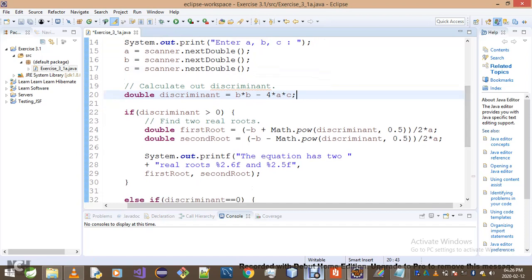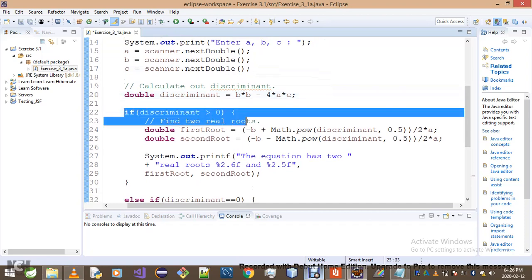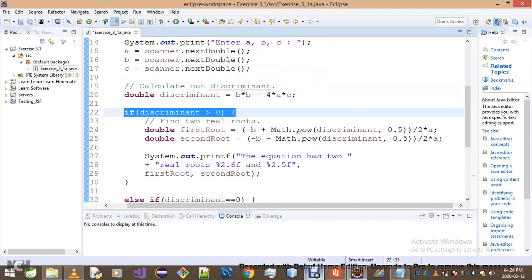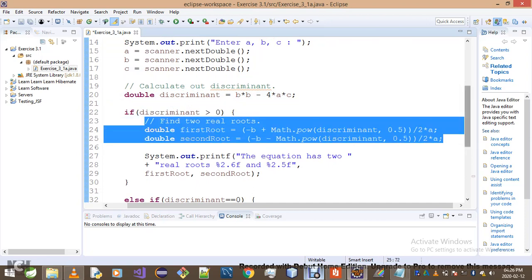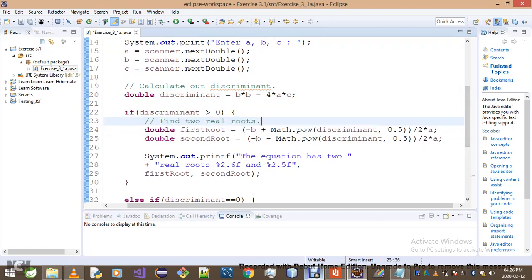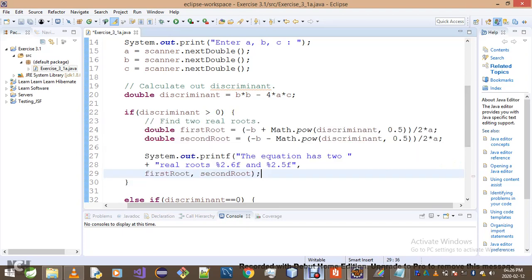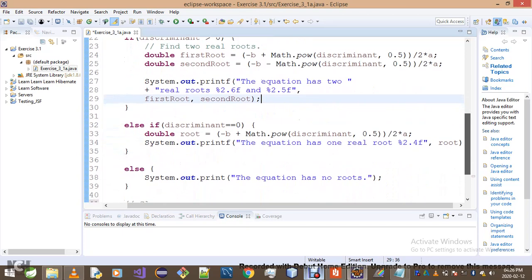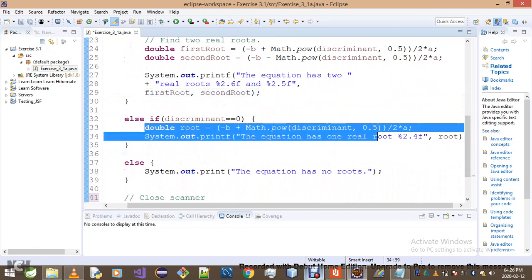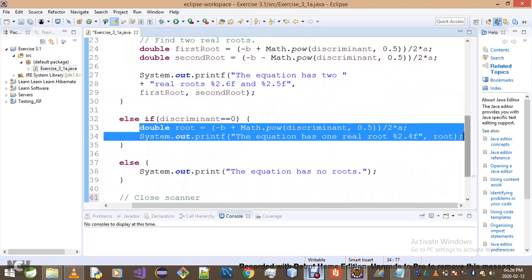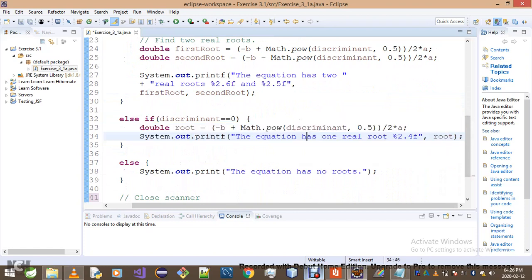And then lastly, that's where we will determine if our discriminant is greater than 0. We calculate our first and second roots, and then lastly we display those values. Okay, our second case, we check if our discriminant is equal to 0, and if it is, we know that we're only gonna be having one solution, one real root.